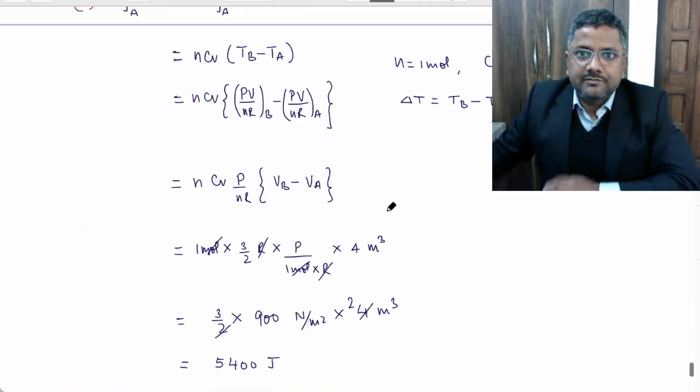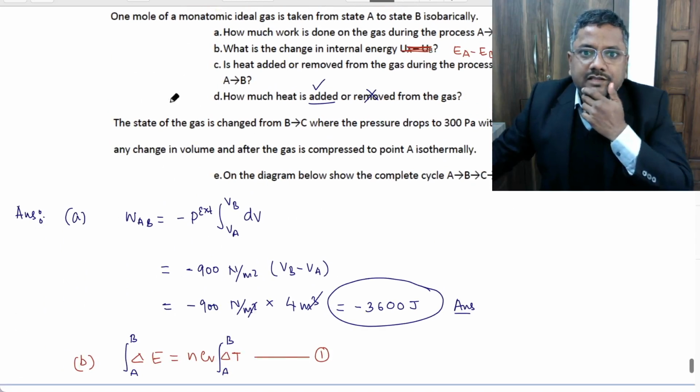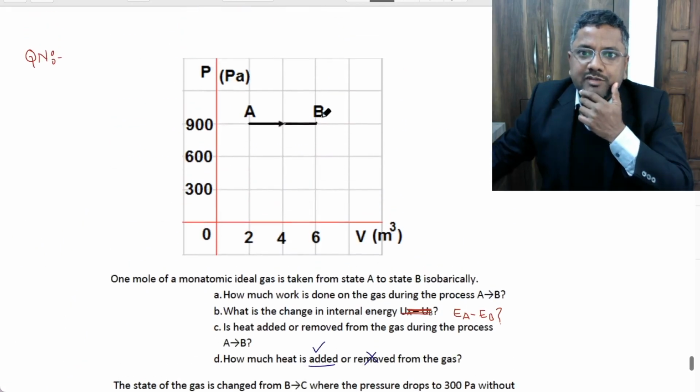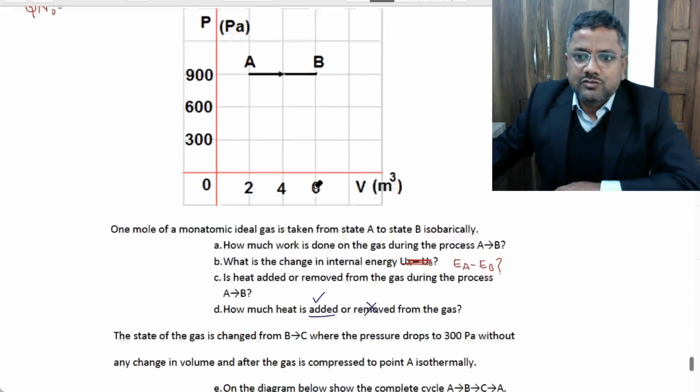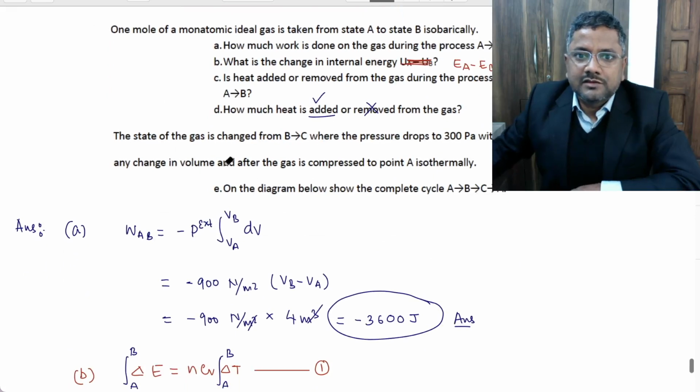So the path is like this, right? After that, the gas is compressed to point A isothermally.